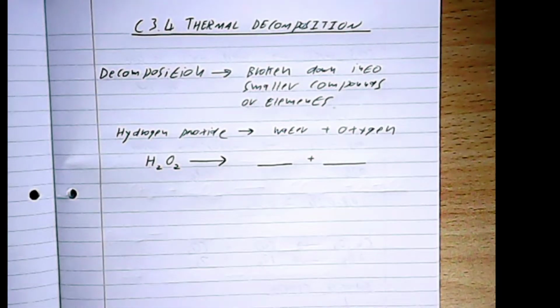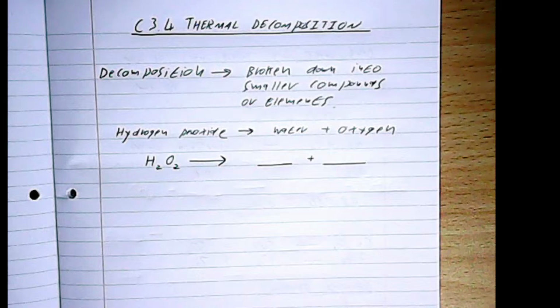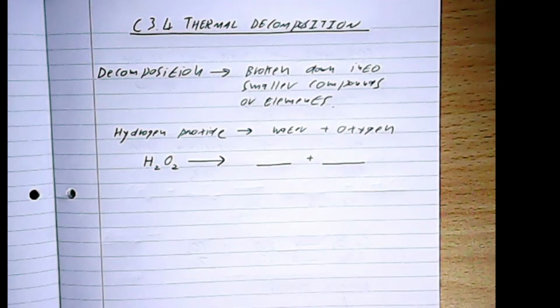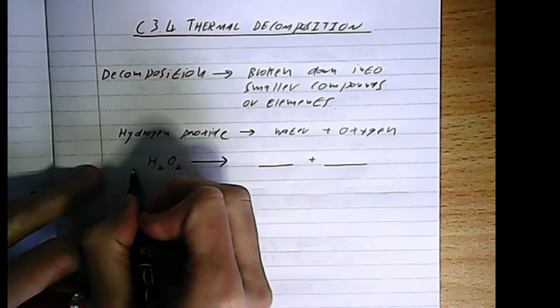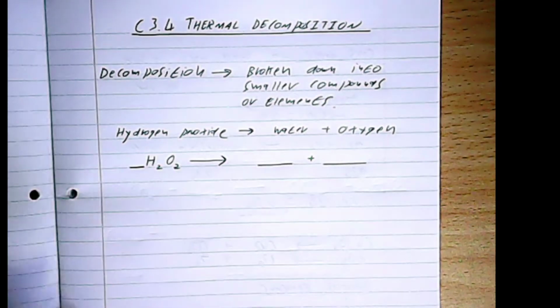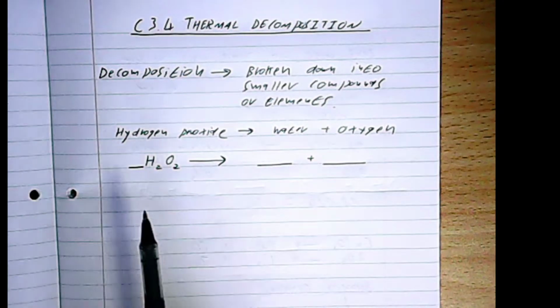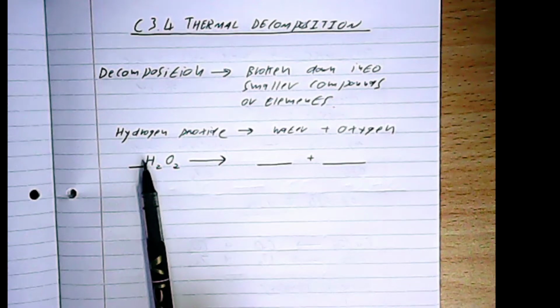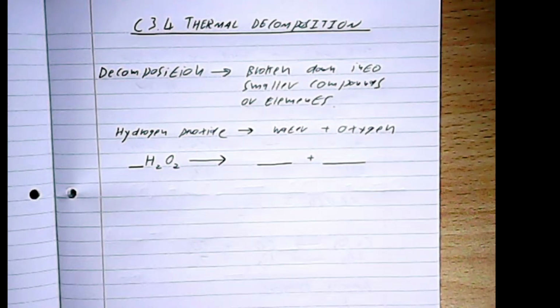Now what I'd like you guys to do, if you want to pause the video for a second, once you've jotted this down, is work out what the formulas for water and oxygen are. We've done them before, you should know. Then we're going to go through and balance this formula if we need to. I've left a little blank there in case we need to put a number in there, but we might not, we'll see. So pause the video and complete this formula equation for this decomposition reaction.